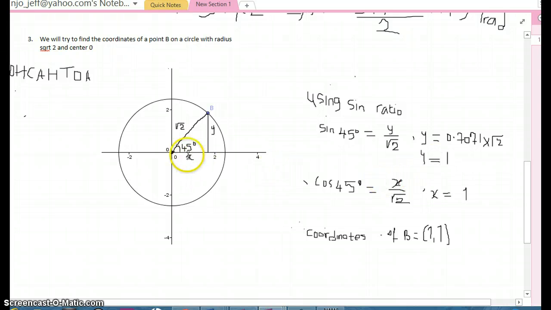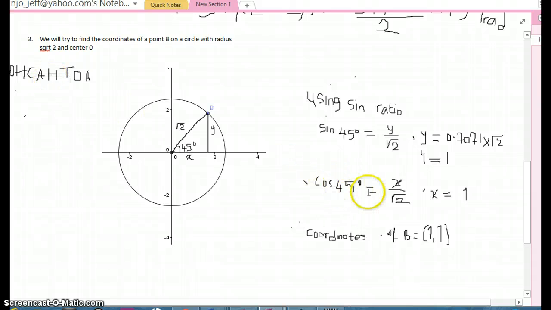Then if we want to calculate the horizontal distance of B from O, which is x, we know x is the adjacent, and the hypotenuse is root 2, that is A and H. So we will use the cosine ratio.